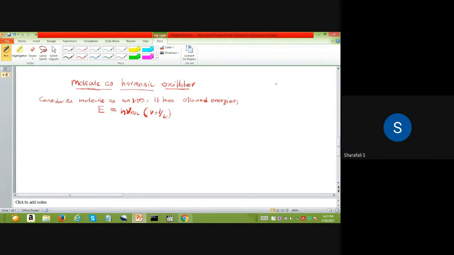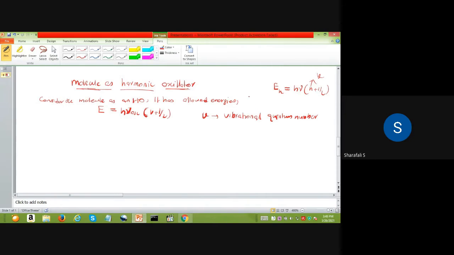In quantum mechanics, if you are saying En for harmonic oscillator, it will be h nu times n plus half. Instead of this n, we are using V, and this V here is the vibrational quantum number. And what is J?